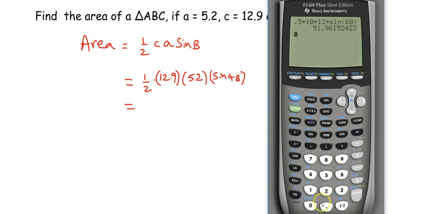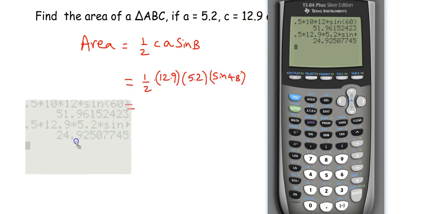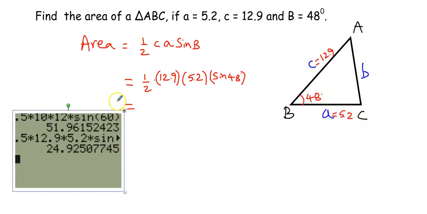Okay, let us use calculator now. Turn it on. You have half, that is 0.5 times 12.9 times 5.2 times sine 48, close parenthesis, is equal to 24.9250, etc. Okay, this is the answer. 24.9250.